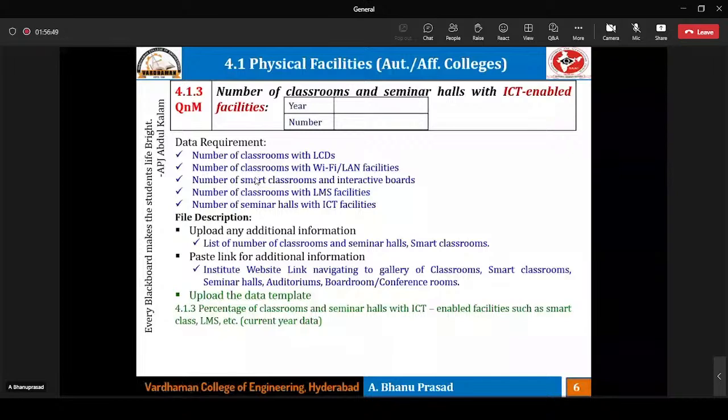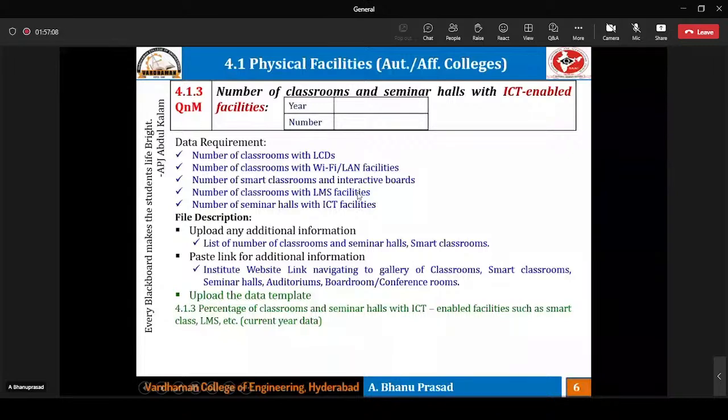Apart from the normal classrooms, department should have at least one smart classroom with interactive boards, means interactive panels. Okay, and these should have LMS facilities also, the learning management system facilities.